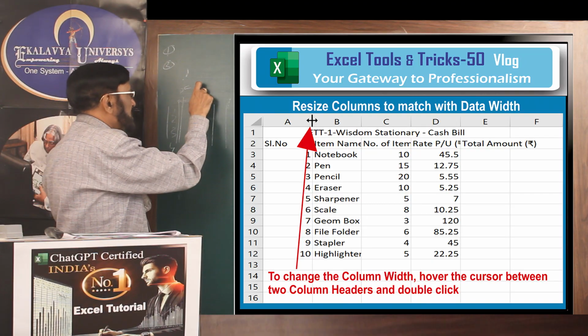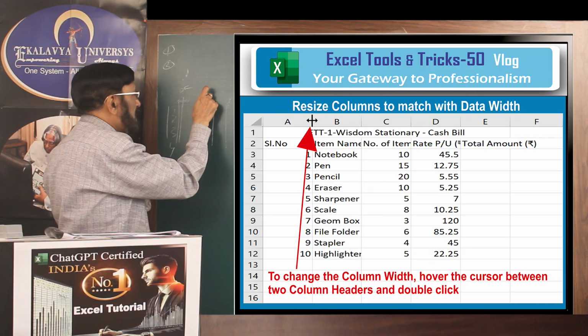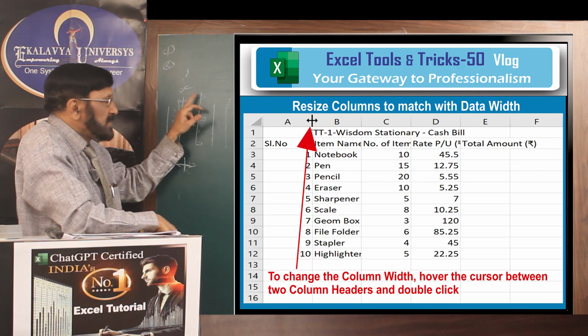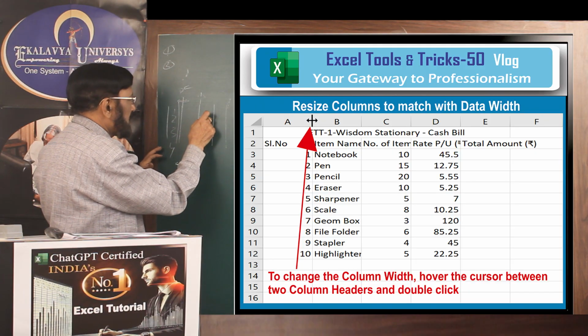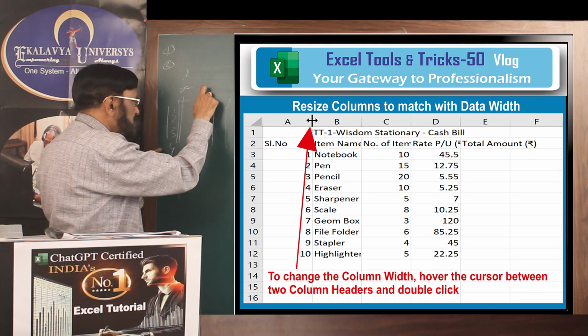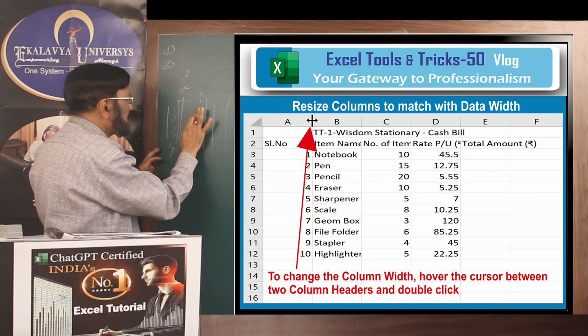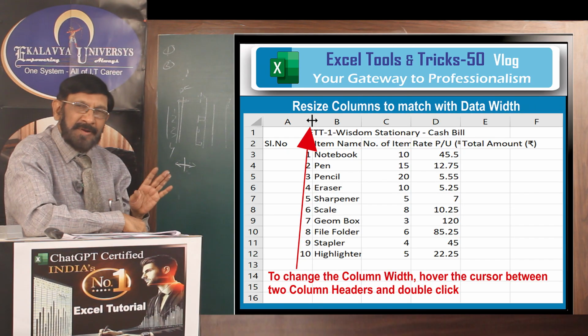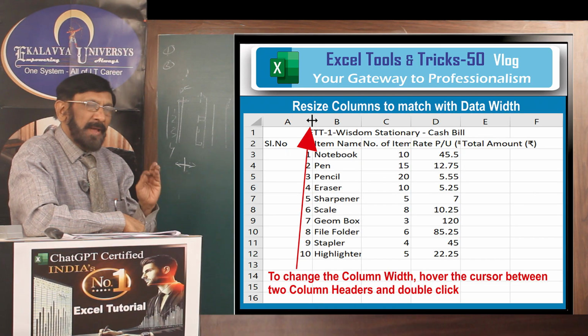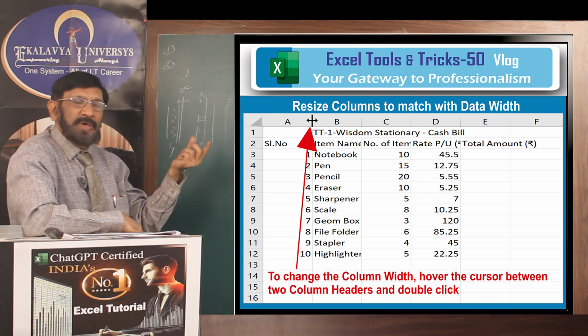Now next comes here. Come here and again put the cursor and double click, exactly here on the top. Then suppose a bigger name is there. Then the longest name we take, and it is moved. See, it is shortened, it is broadened. Like this, for every column you do that. Every column fits perfectly.